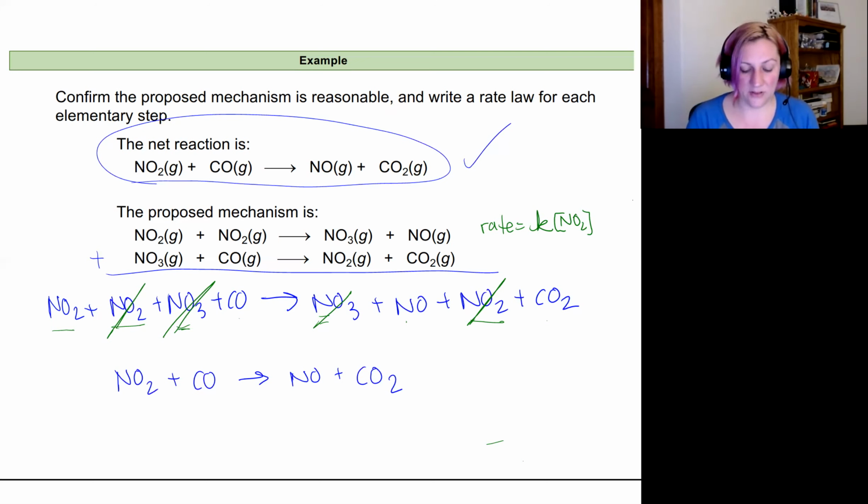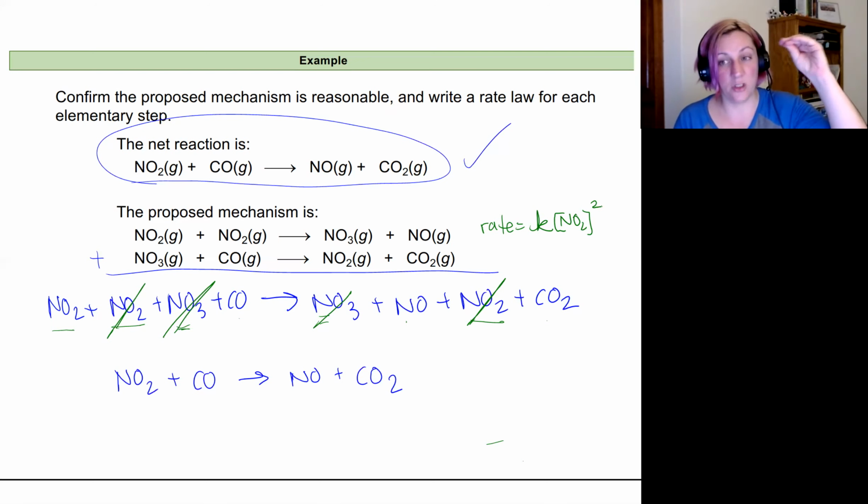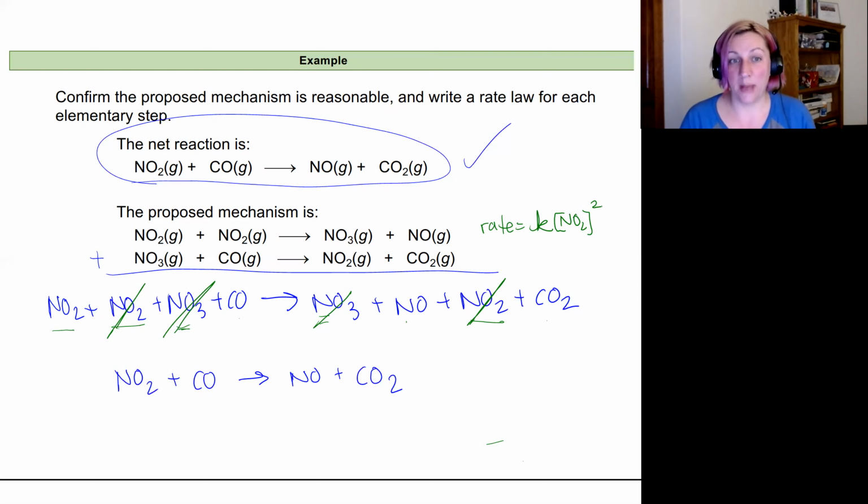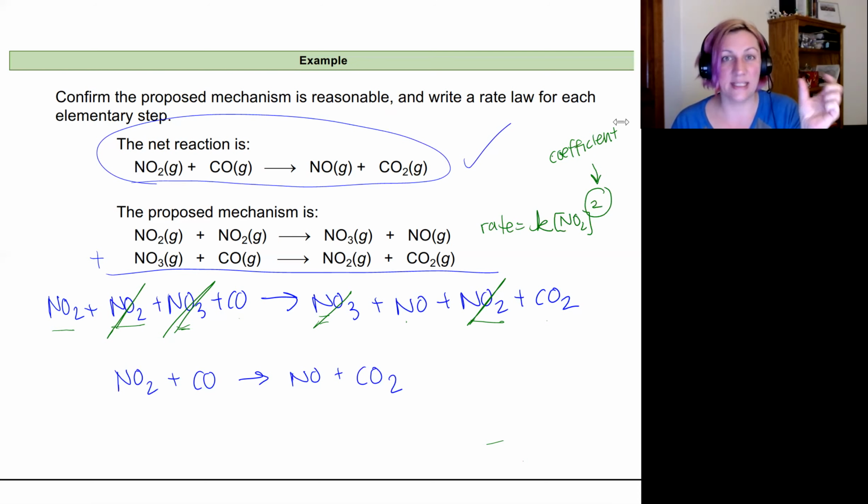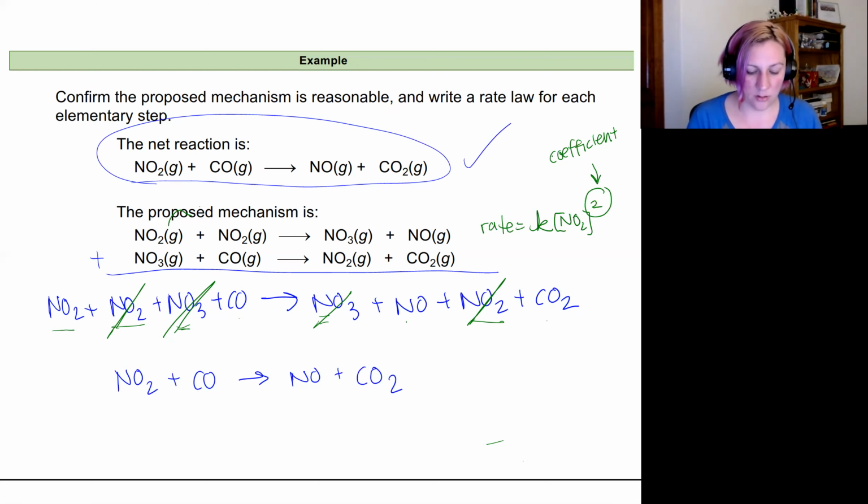Because I have two NO2s, I will just put that to an exponent of 2, showing a second order dependence on NO2. So the exponent is always going to essentially be the coefficient in front of the molecule that we're looking at, the reactant. And this NO2 plus NO2 is the same as saying 2NO2 as well.